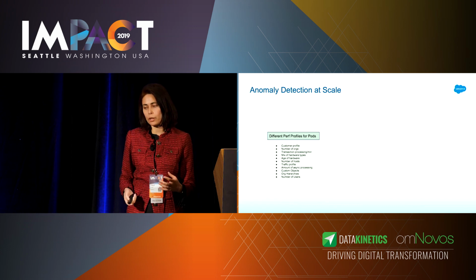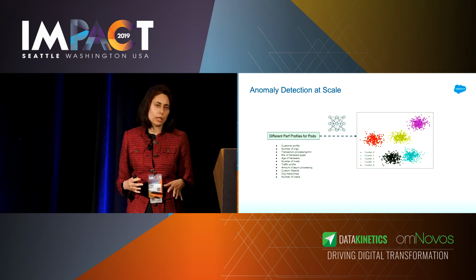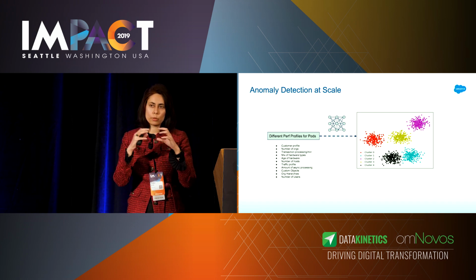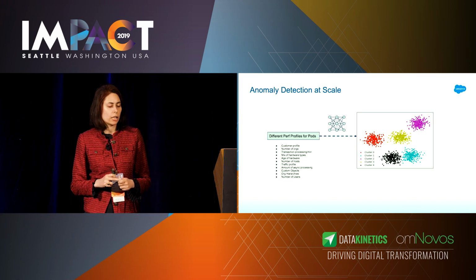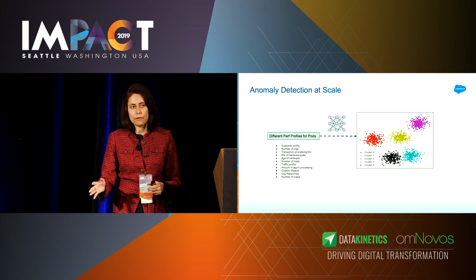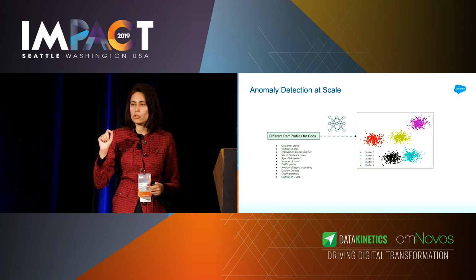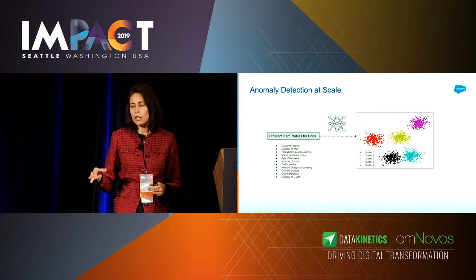What we want to do is apply our clustering and classification algorithms and group these servers into little clusters. The benefit is that instead of monitoring 100 servers, I can pick out a representative server from each cluster.